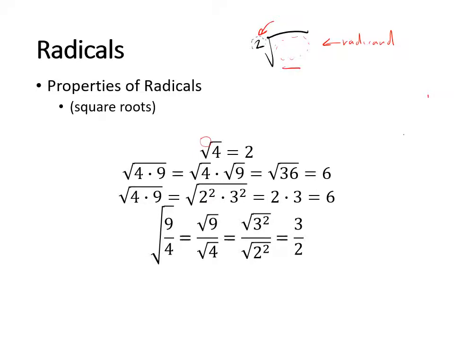And so how you would evaluate a radical is to determine what that thing was that had to be multiplied by itself the index number of times to be the radicand. So for example, the square root of 4, something had to be multiplied by itself 2 times to be 4. That thing is 2.